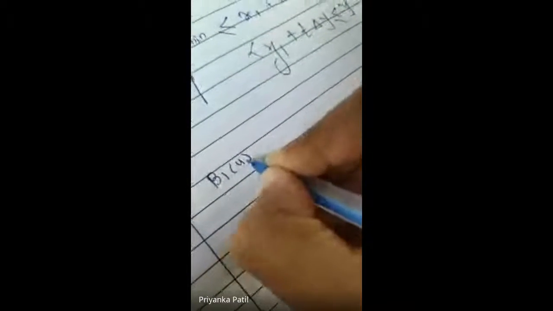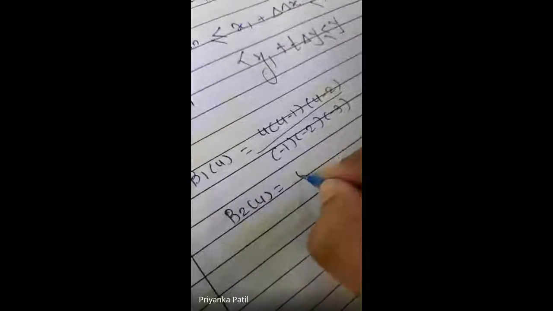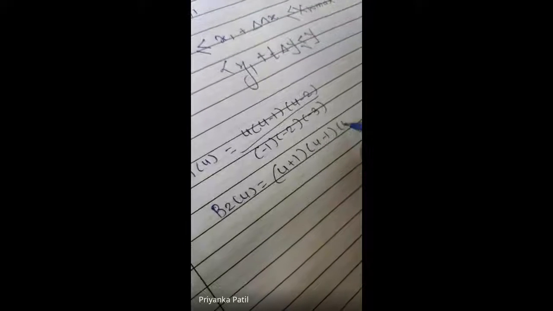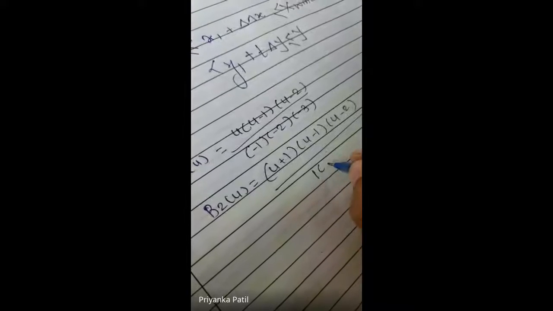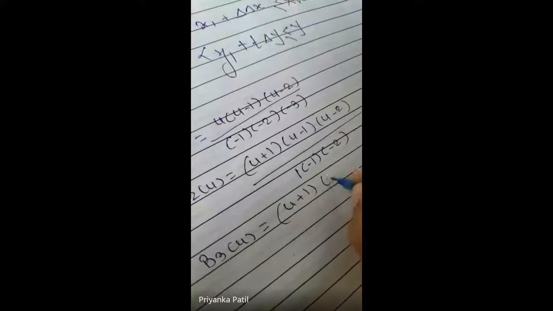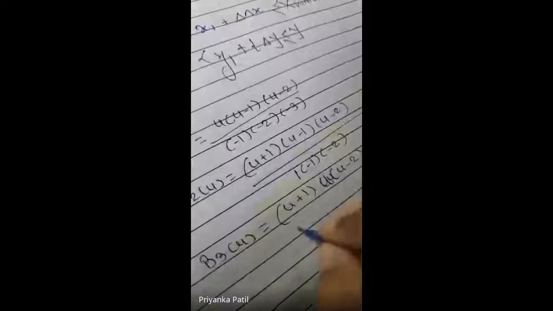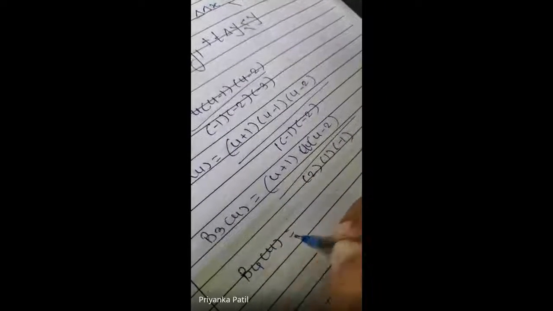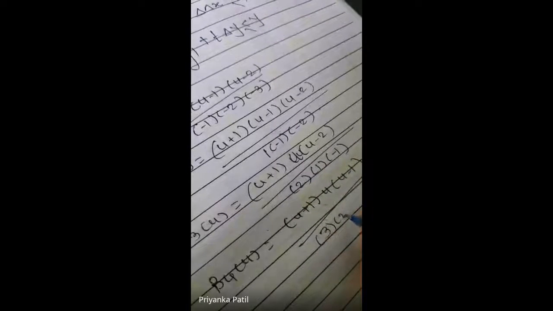We can express this equation with the help of b1 of u is equal to u into (u minus 1)(u minus 2) divided by (minus 1)(minus 2)(minus 3). b2 of u is equal to (u plus 1)(u minus 1)(u minus 2) divided by 1 into minus 1 into minus 2, and b3 of u is equal to (u plus 1) u into (u minus 2) divided by 2 into 1 into minus 1, and b4 of u is equal to (u plus 1) u (u minus 1) divided by 3 into 2 into 1.